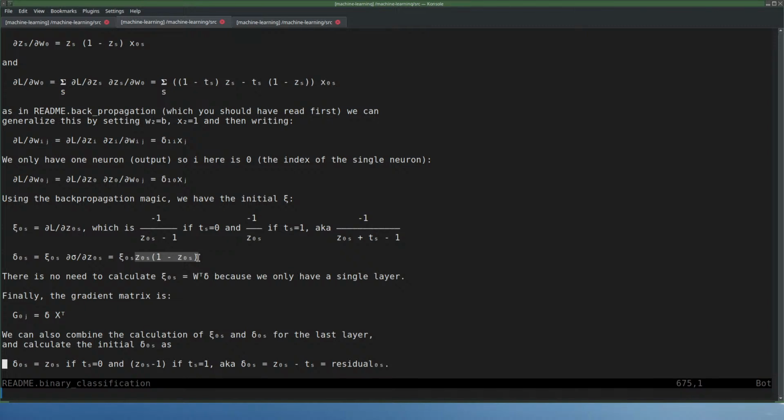Then the derivative of the sigmoid at that point is that same output times 1 minus. You can show that with the whole exponential equation that is the case. So this is the derivative of the sigmoid, the activation function with respect to z, the output itself.